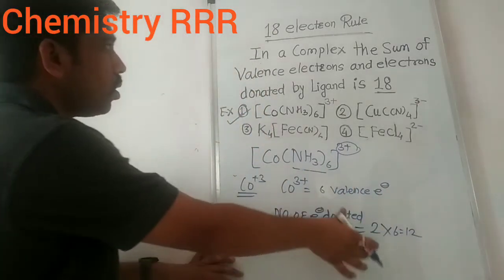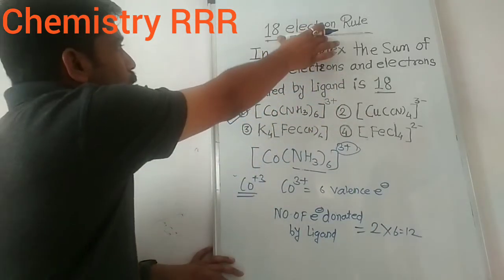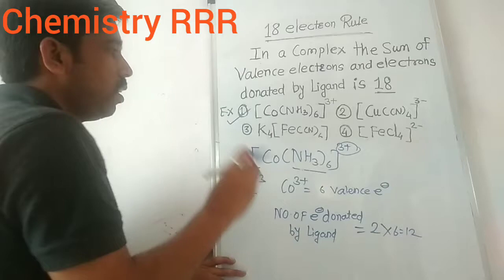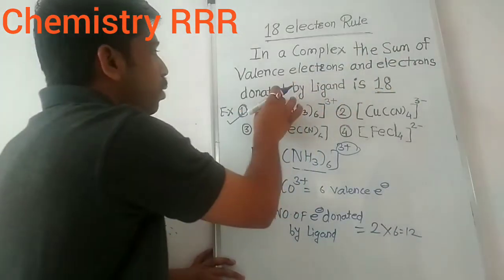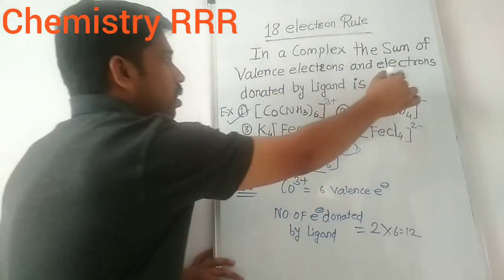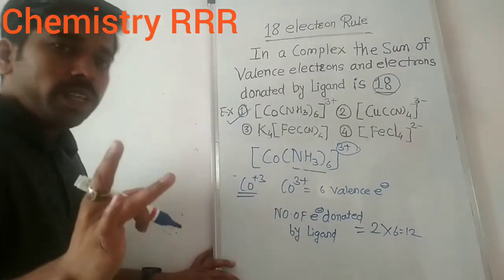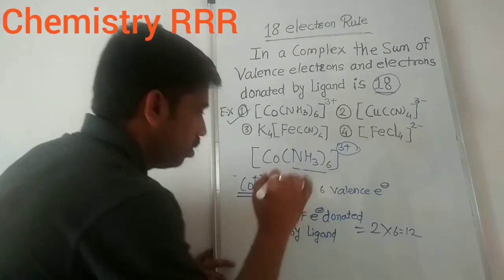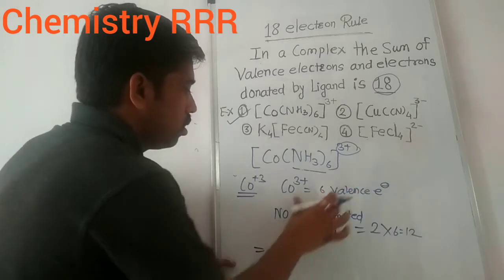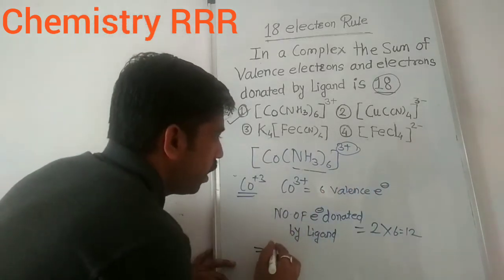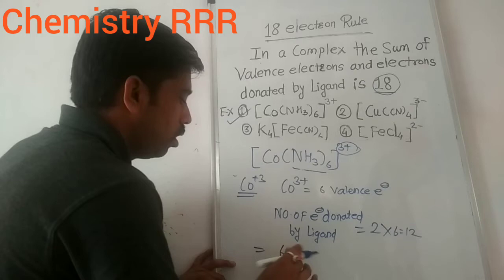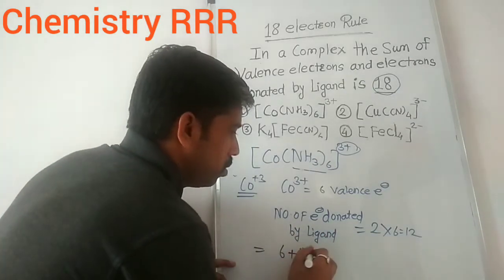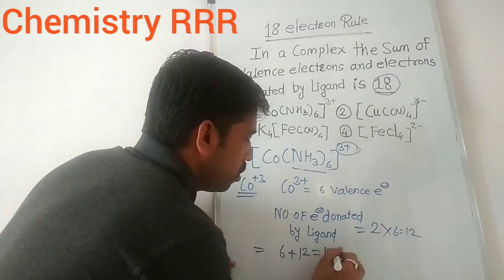We know the 18 electron rule is the sum of the valence electrons of the metal and the electrons donated by the ligands. If it is 18, then it obeys the 18 electron rule. Now let's see here: 6 valence electrons of the central metal plus the number of electrons donated by the ligand, 12, is equal to 18.